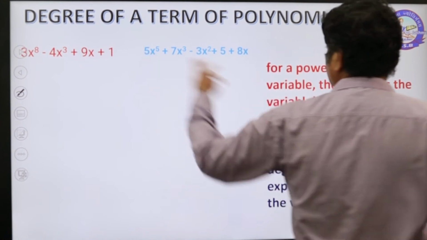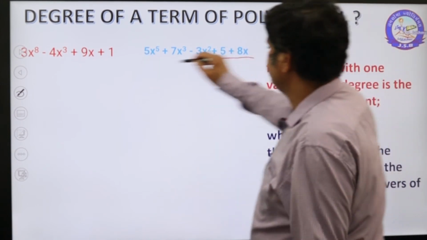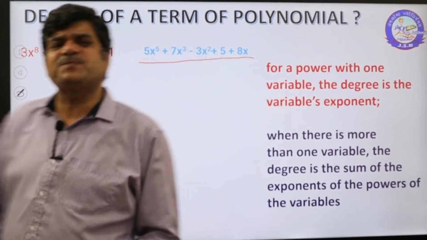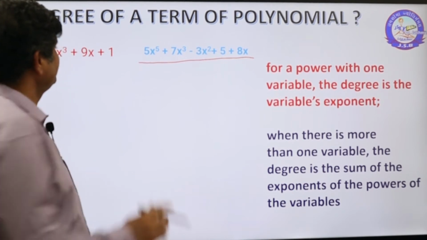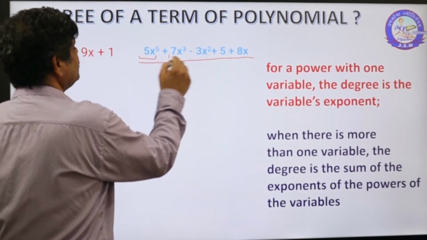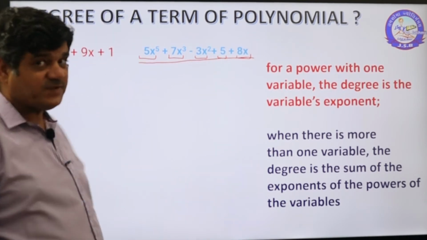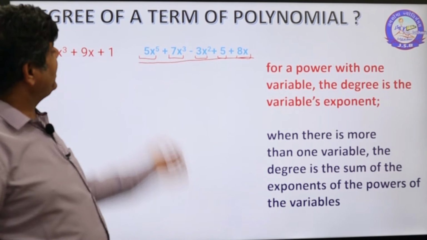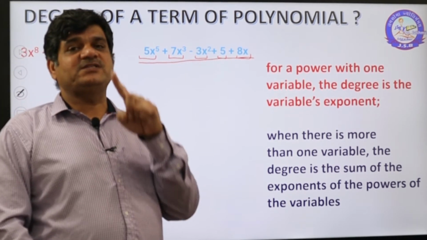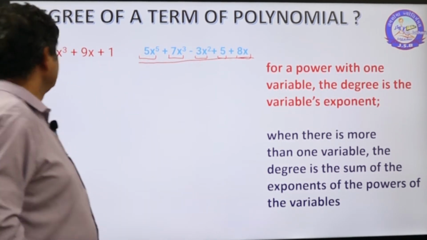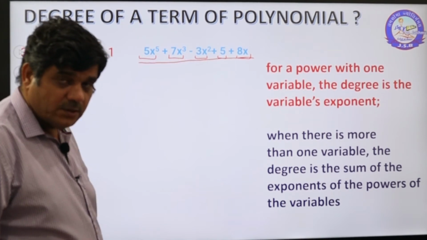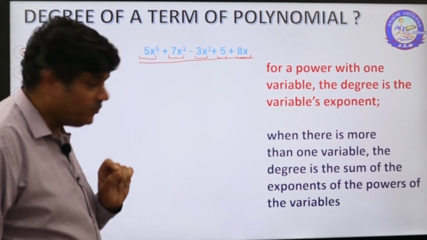If you look here at this polynomial, which I have written here in blue color, how many terms does this polynomial have? If you count 1, 2, 3, 4 and 5. It has 5 terms. In every term, you look at what is the exponent of the variable.